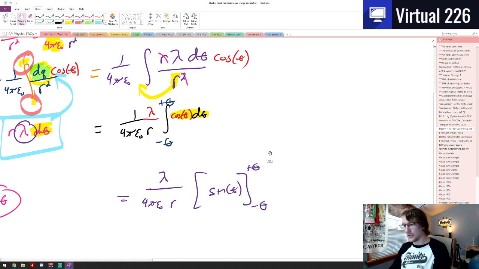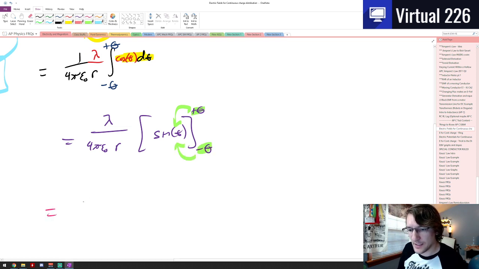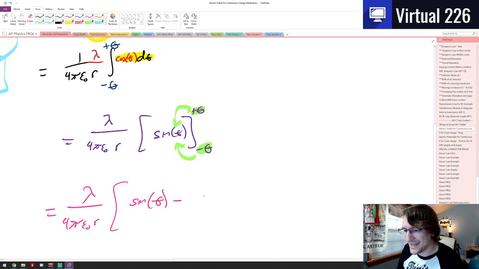Now whenever I put in my upper bound and then subtract the lower bound, I'm going to get lambda over 4 pi epsilon naught r times the sine of theta minus the sine of negative theta.